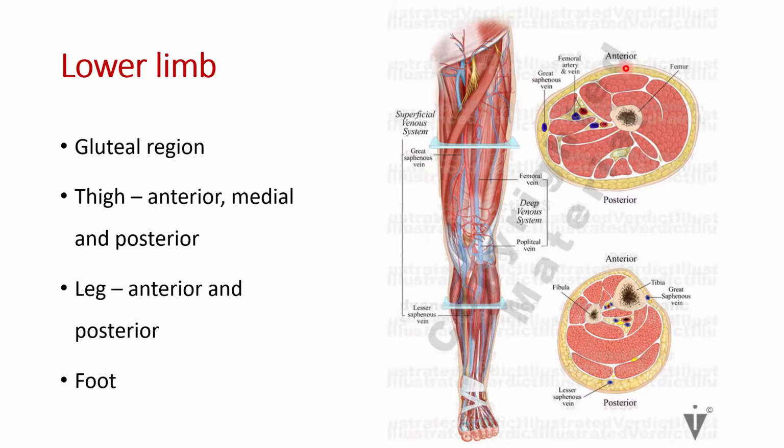So the anterior aspect will be this. So these are anterior aspects of the thigh. The posterior aspect of the thigh will be this, and then this is a medial aspect of the thigh. Of course, each compartment has various bones, has various muscles and blood vessels in it.